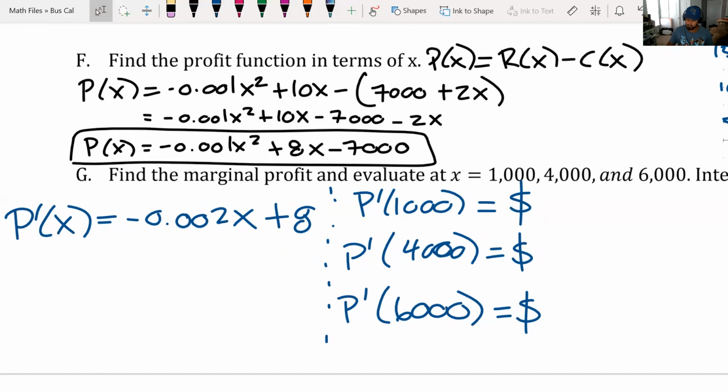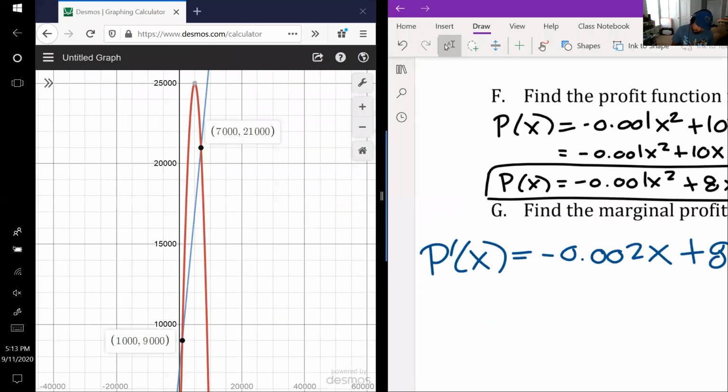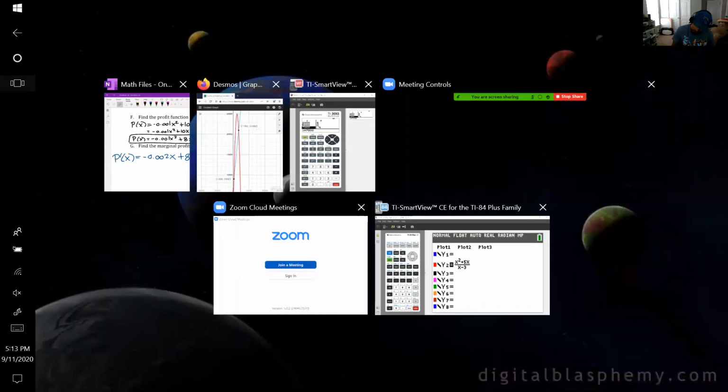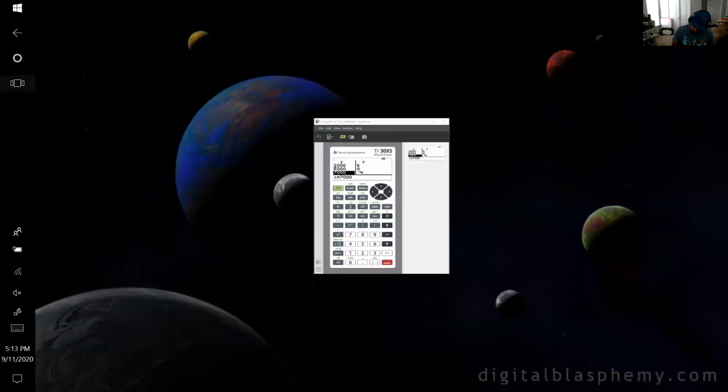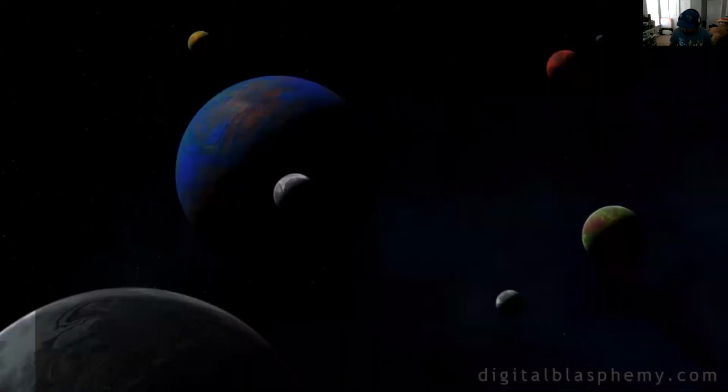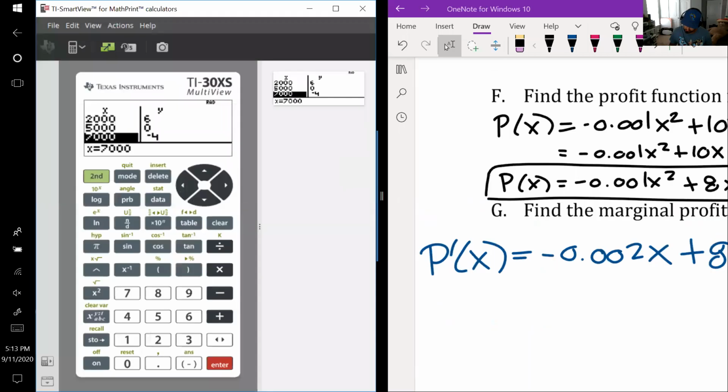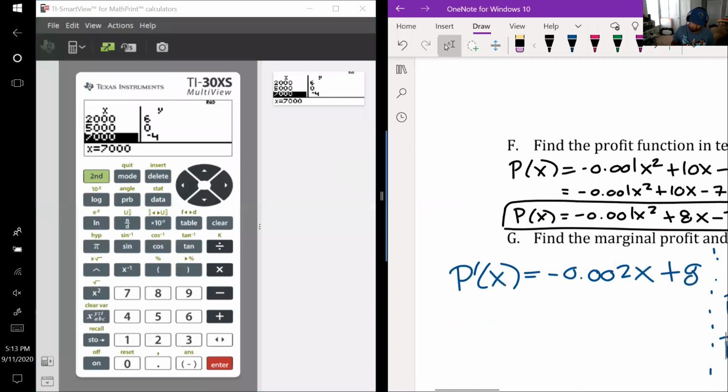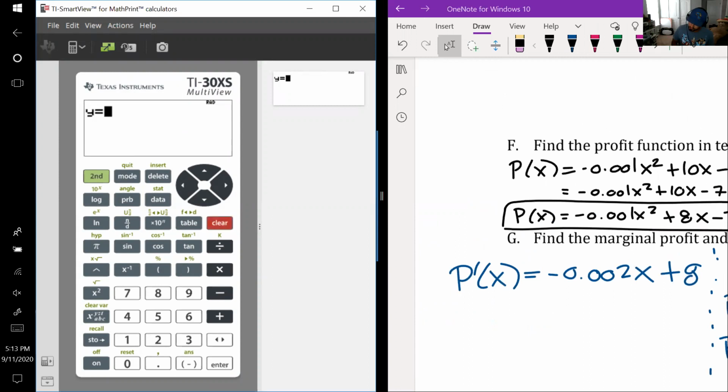All right, back to my calculator. And I can get rid of this. I can get this back. There we go. Type in my marginal profit function, negative 0.002x plus 8.